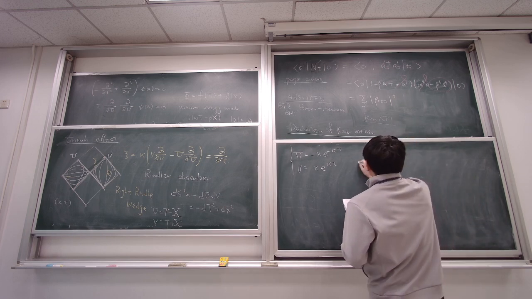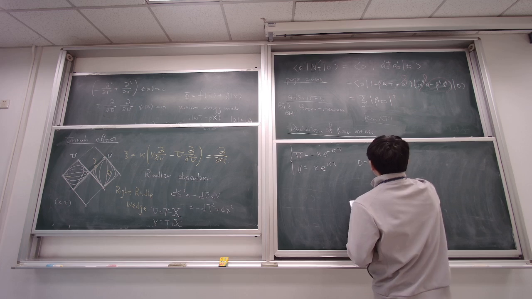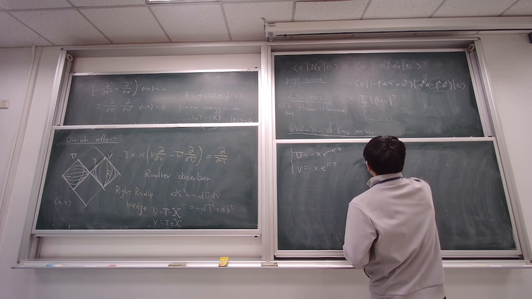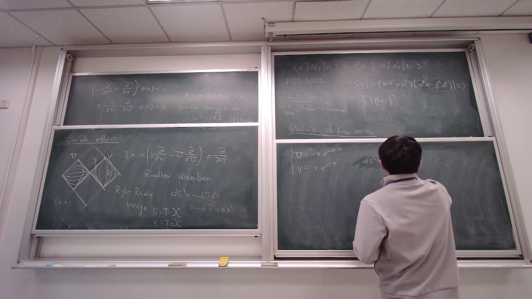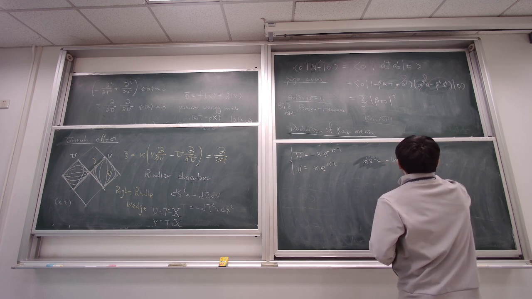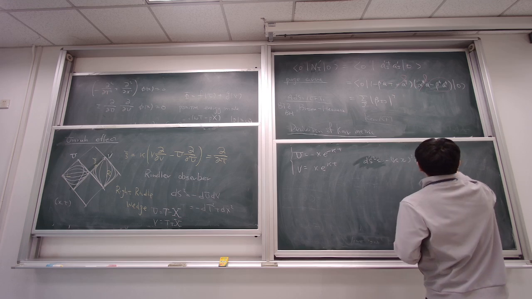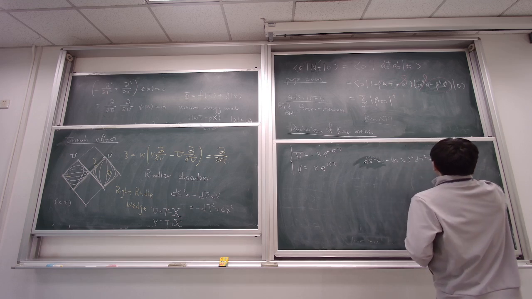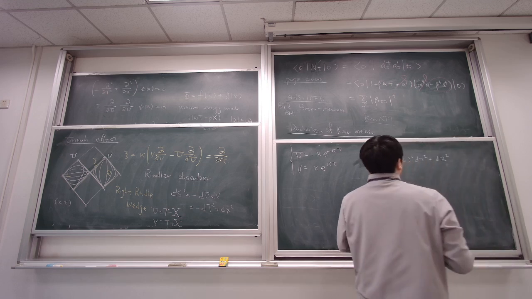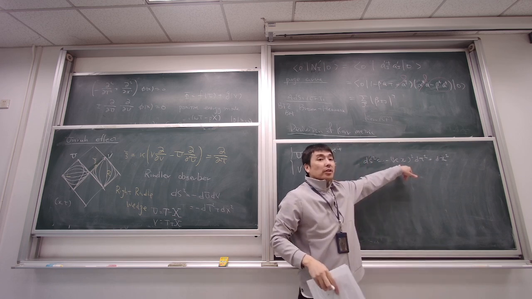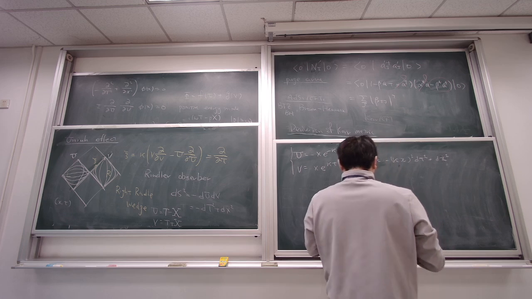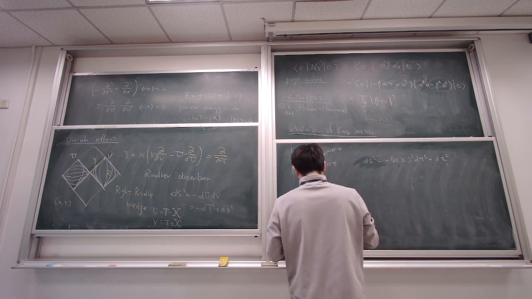Okay, so the Rindler-type equation is something like so the metric here is ds squared is minus kappa x squared dt squared plus dx squared. Like this way, so it has something non-trivial here, so you have to be careful about the derivative.